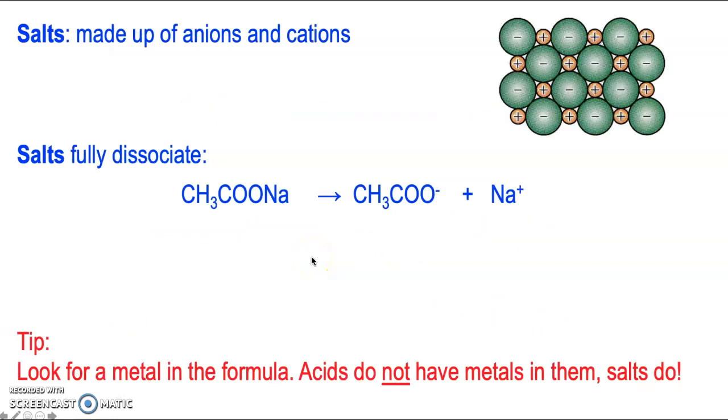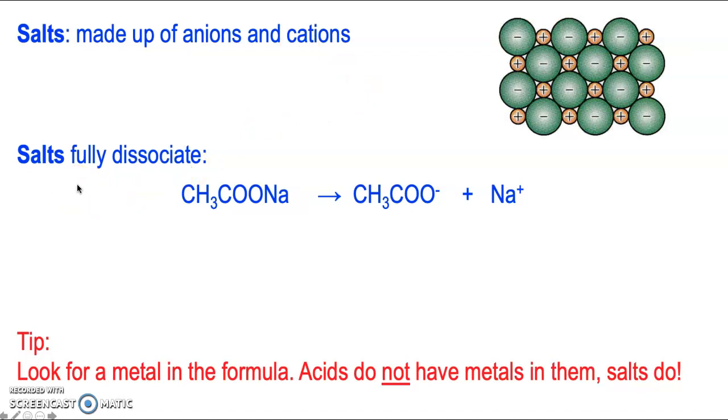So the take-home message at this point is salts are made up of anions and cations, so you want to be looking at the formula and seeing if you can recognize the metal cation. That will be your telltale sign that you've got a salt.